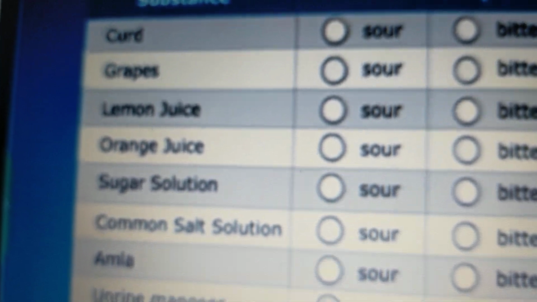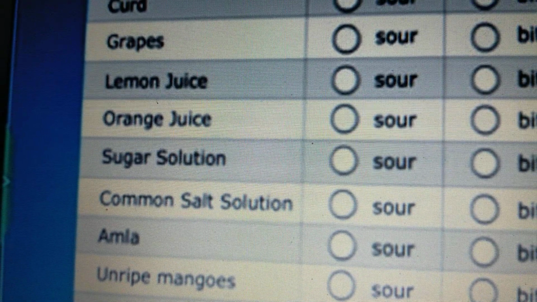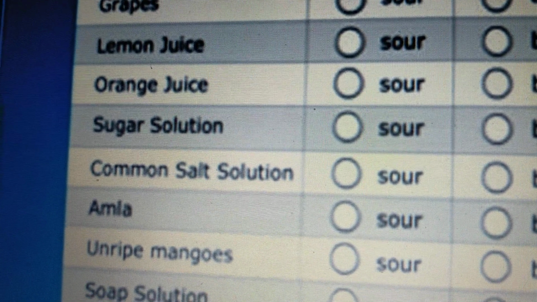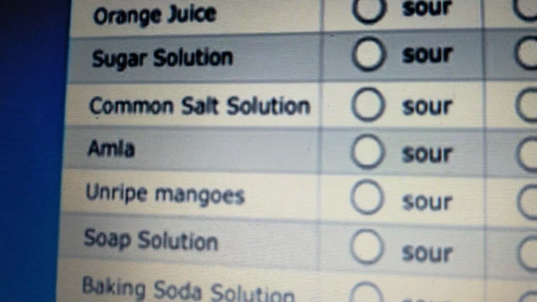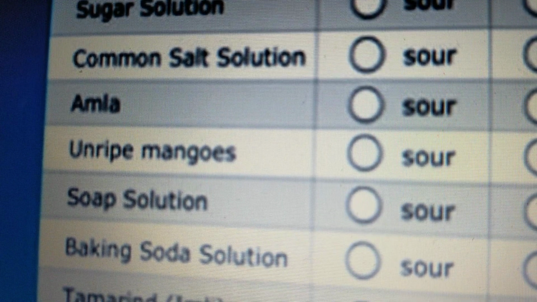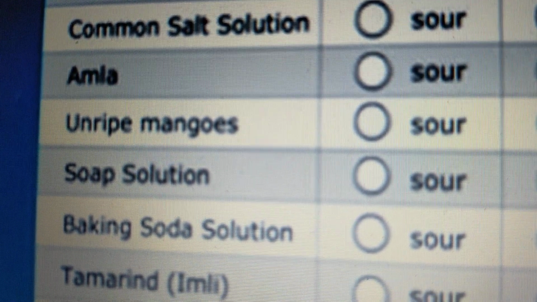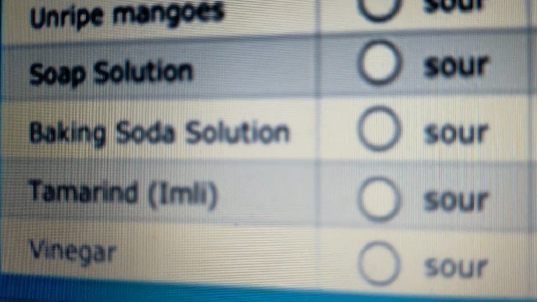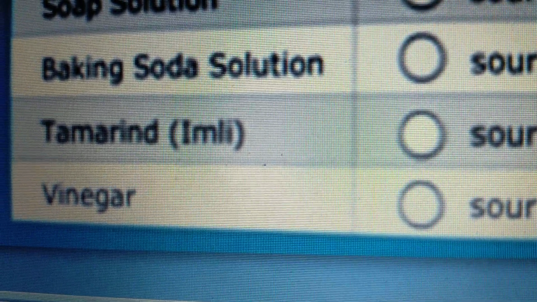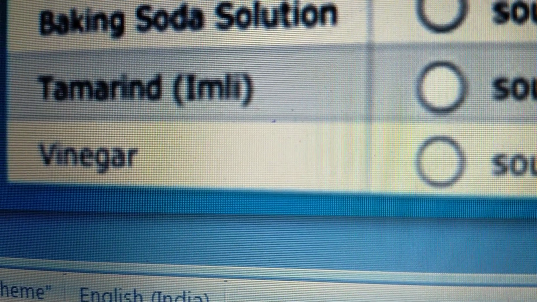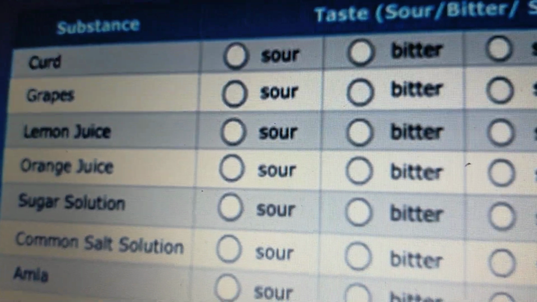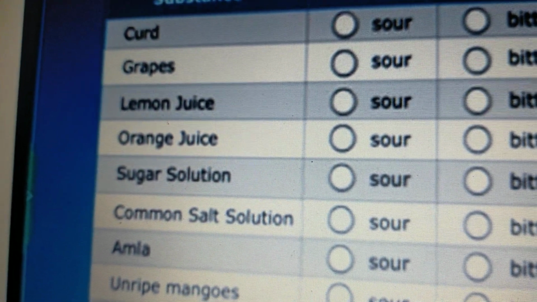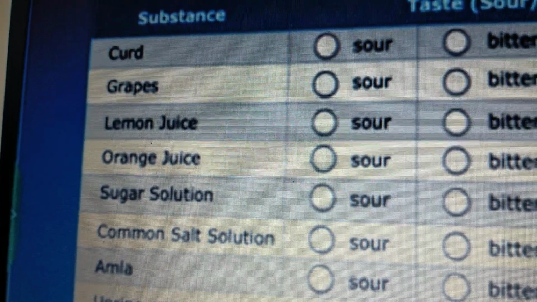Then grapes, then lemon juice, then orange juice, then sugar solution, common salt solution, amla, unripe mangoes, soap solution, baking soda solution, tamarind, vinegar. So you have to note down this full table in your copy, and then you have to do the answers.